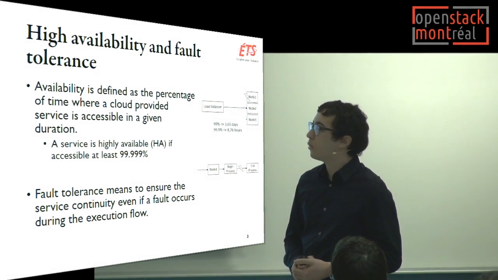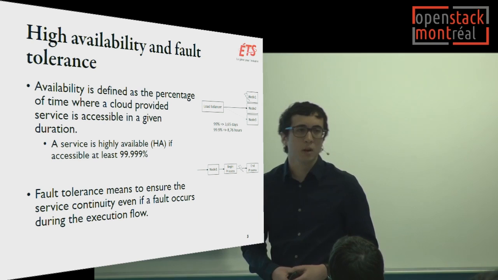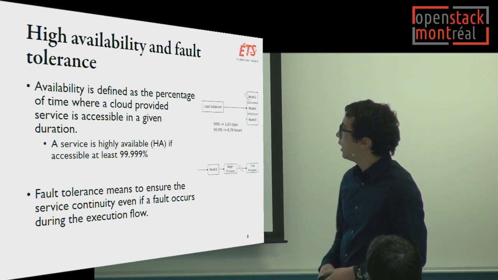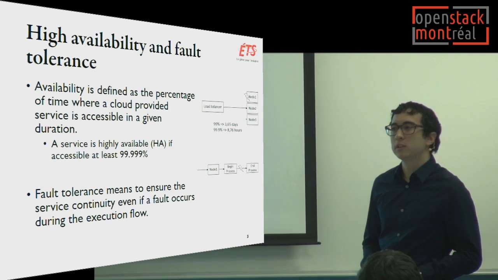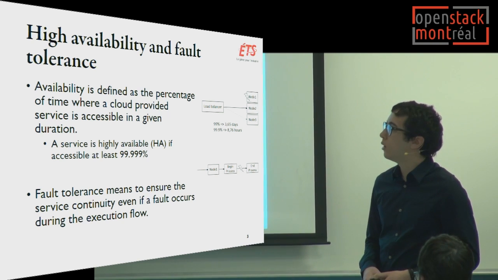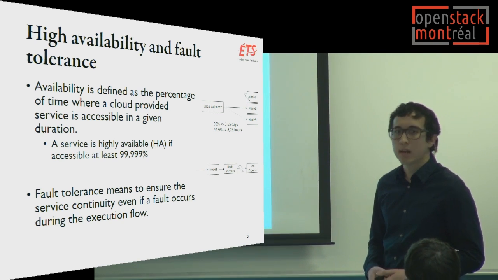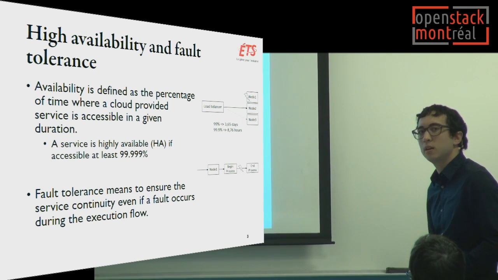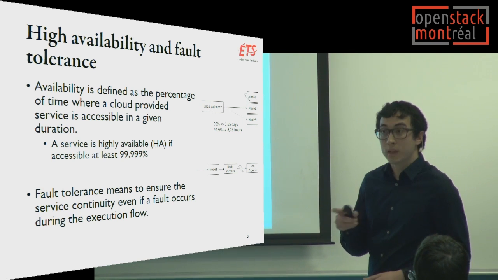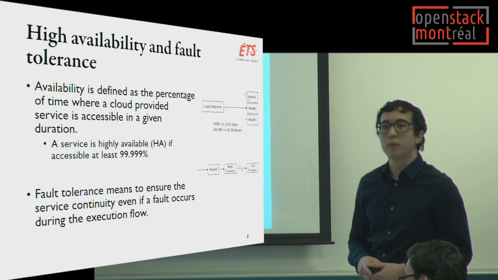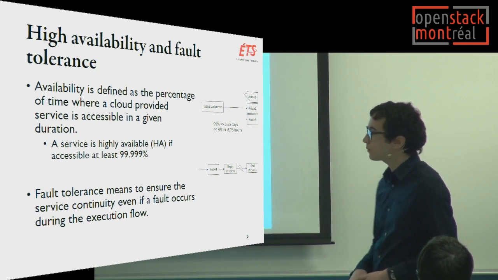Generally, we calculate this availability as a percentage. And we consider a service highly available if the percentage is superior to 99.999. That means the service should be down for a maximum of 5 minutes in 1 year.